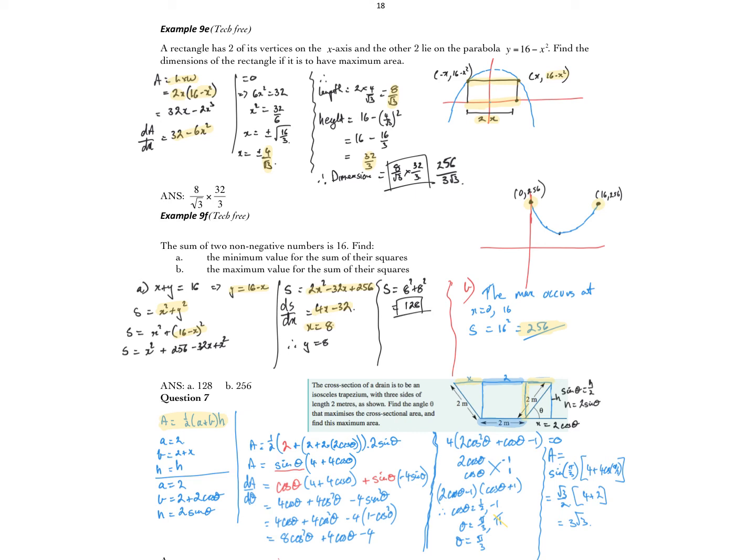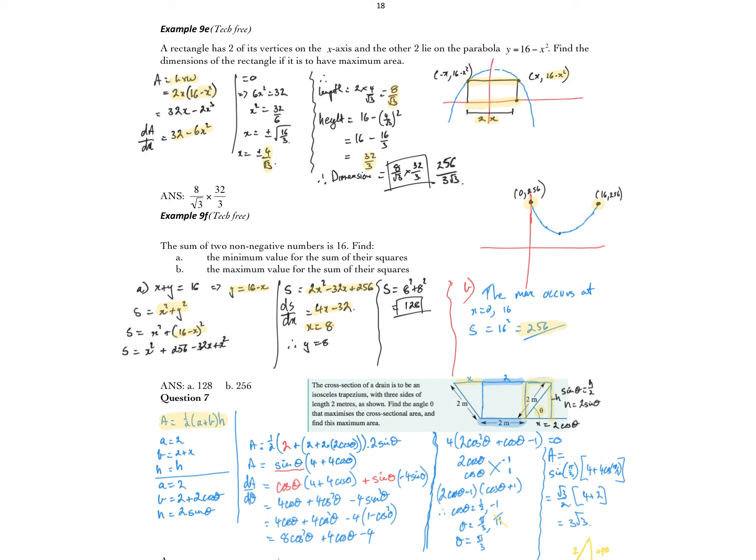From this little right angle triangle that I can create here where the theta is, I've got a hypotenuse of 2. So with hypotenuse 2, angle, opposite, adjacent, that's going to give me a sine theta and a cos theta for those measurements: 2 sine theta, 2 cos theta.